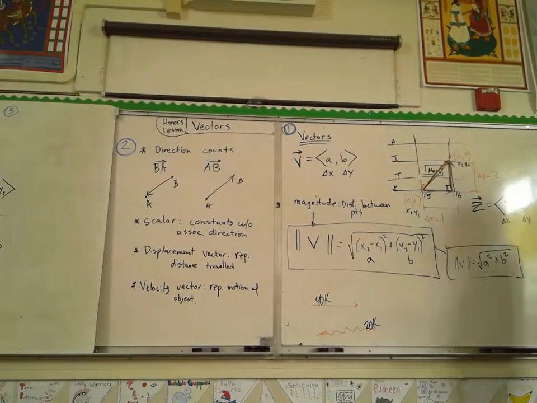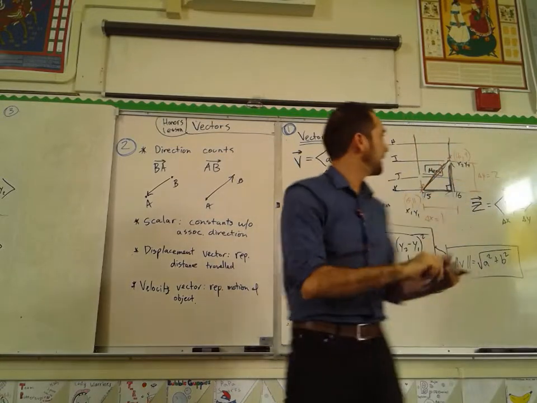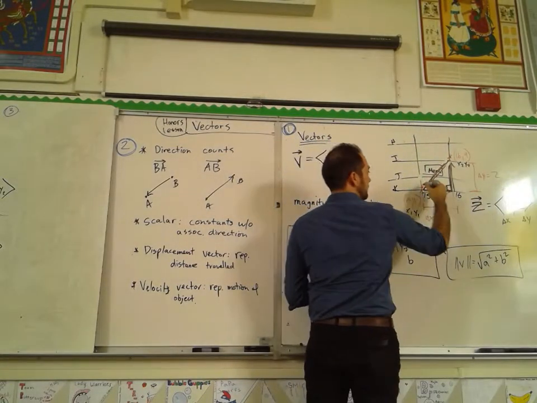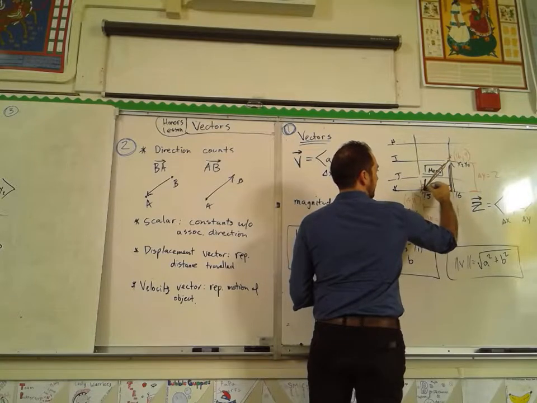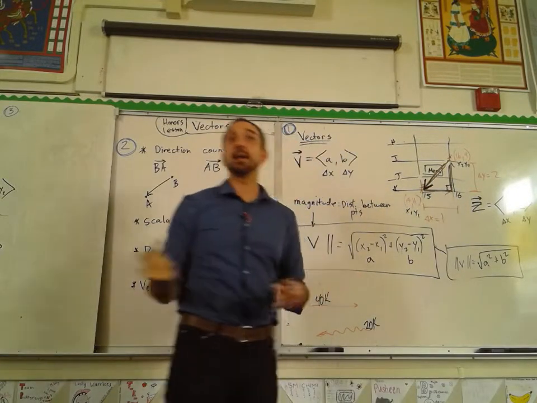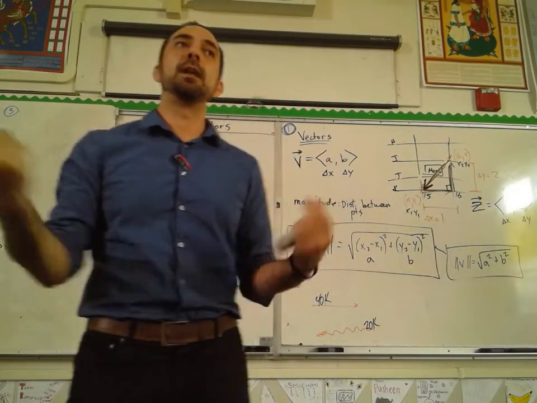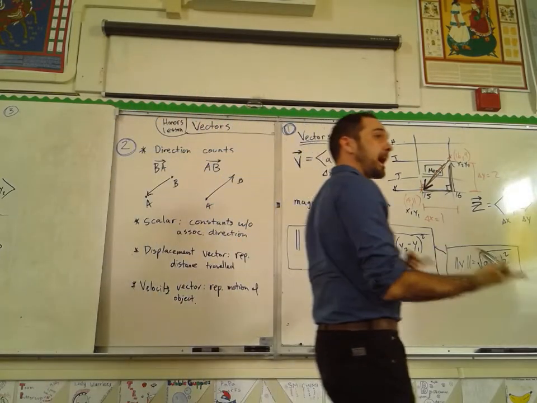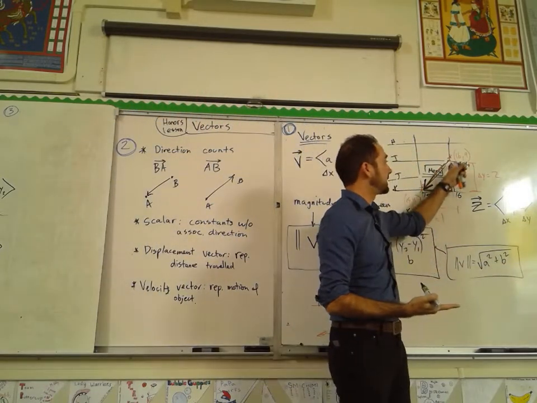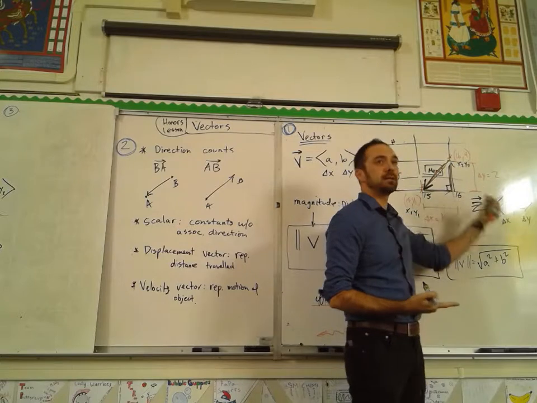Now, if I was starting here, this is just a scenario, a different kind of problem, just a slight change, and see if you get it. If I was starting up here and I was flying down here, what would my change in x be in that case? -1. Direction matters. And then going down this way would be -2. Okay?